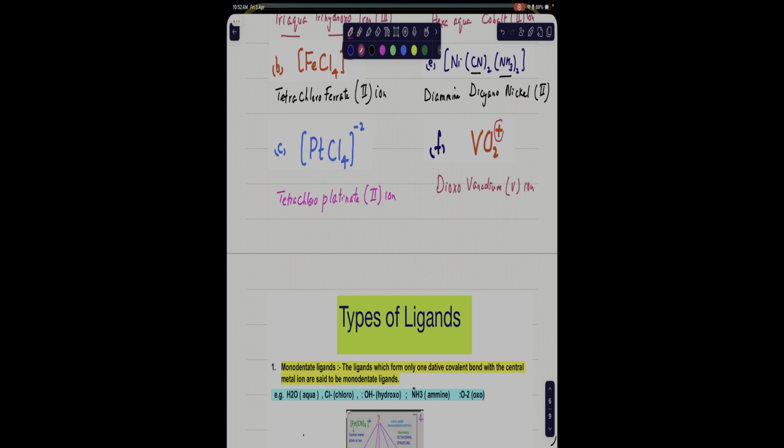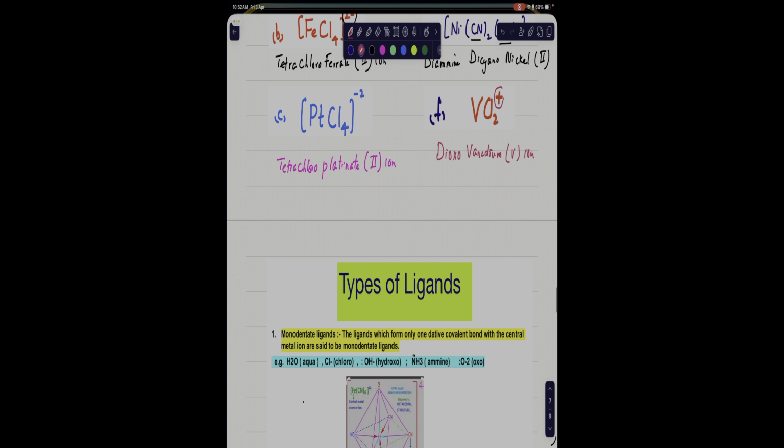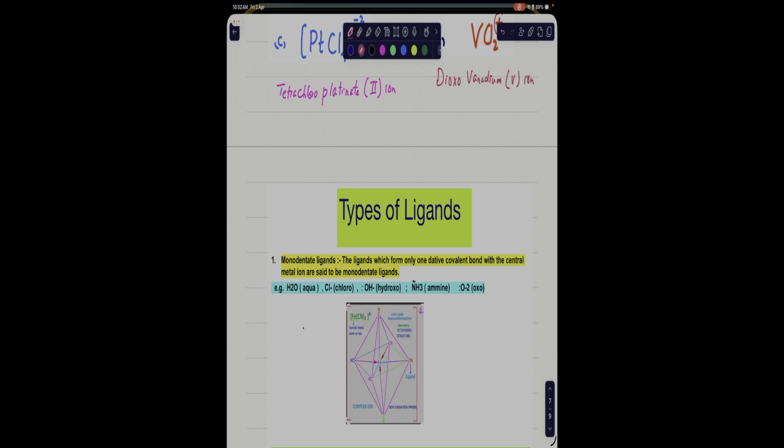Most of the ligands we have studied till now are monodentate ligands. I told you before, water or aqua ligand, chloro ligand, hydroxide ligand, NH3 and oxide ligand, all of them can form just one dative bond, and when they can form one dative bond they are called monodentate ligands. One example is given for you with iron(II) with cyanide ligand.